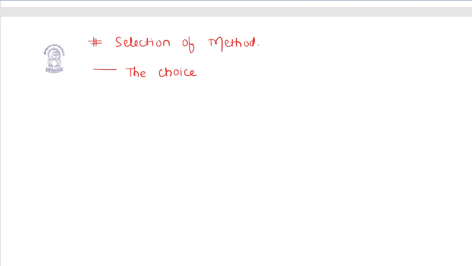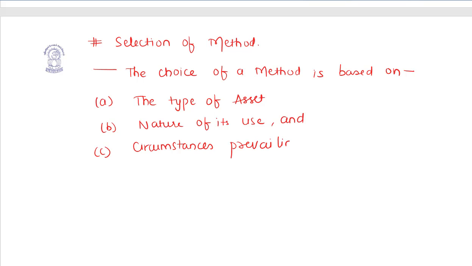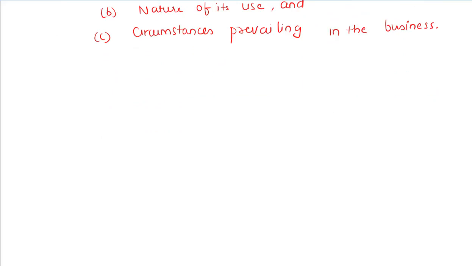The choice of a method is based on A. The type of asset, B. Nature of its use, and C. Circumstances prevailing in the business.